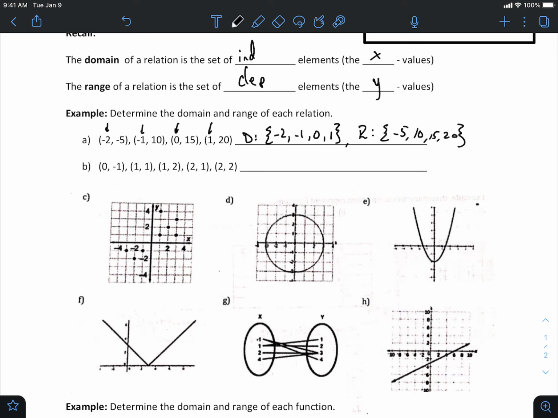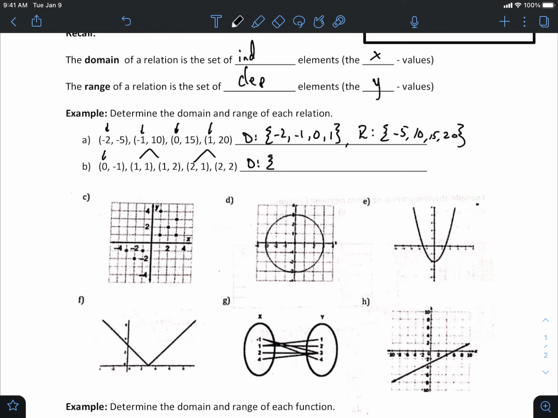All right. This one here, I think this is the exact same sheet as yesterday. We're just looking at different stuff today. So for the domain here, here's the catch. If you have multiple entries, you're only going to write it once, because why would you write the same x value twice within a set?